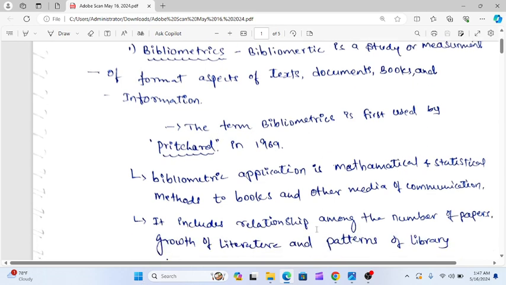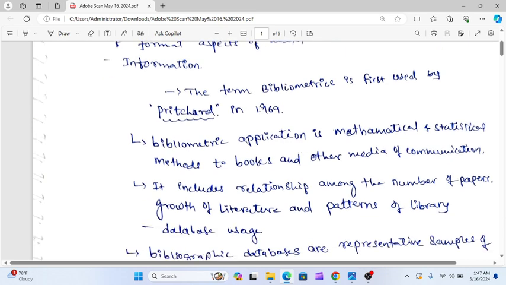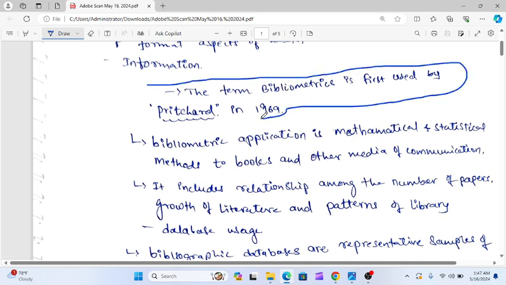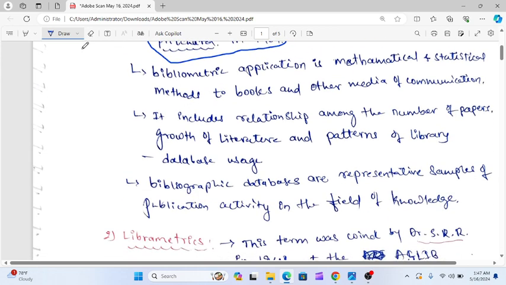The term bibliometrics was first used by Pritchard in 1969. Questions on the year and on who coined this term were raised in UGC NET. You have to check these two questions. This is very important, you have to note it.